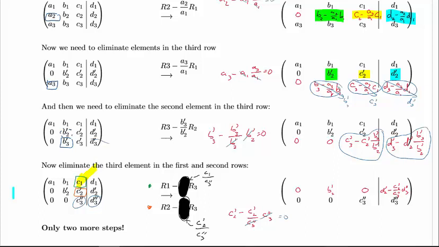So that's C1 minus C1 over C3 double prime times what you see in the third row, which is C3 double prime. Note that that cancels to 1. We have C1 minus C1, which is, of course, 0.